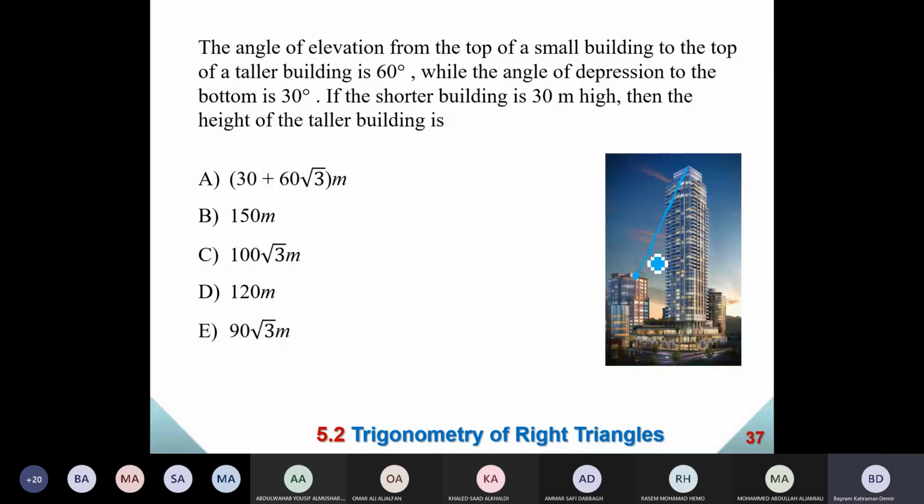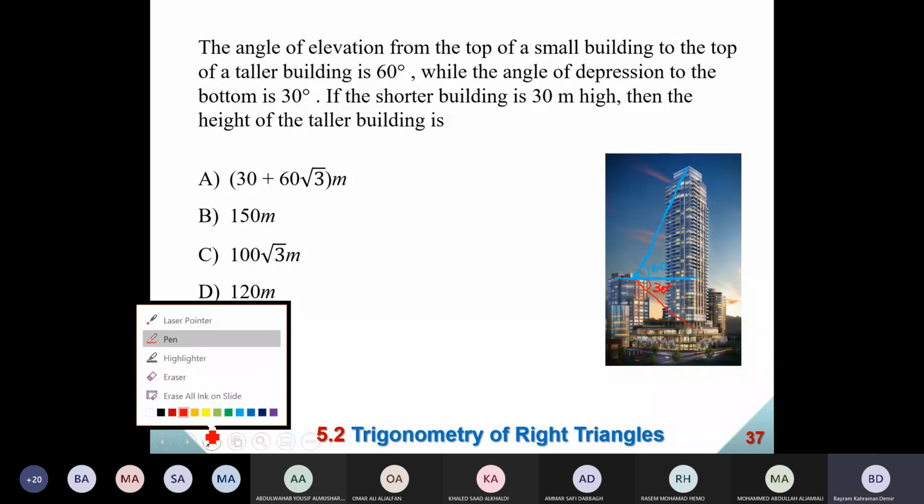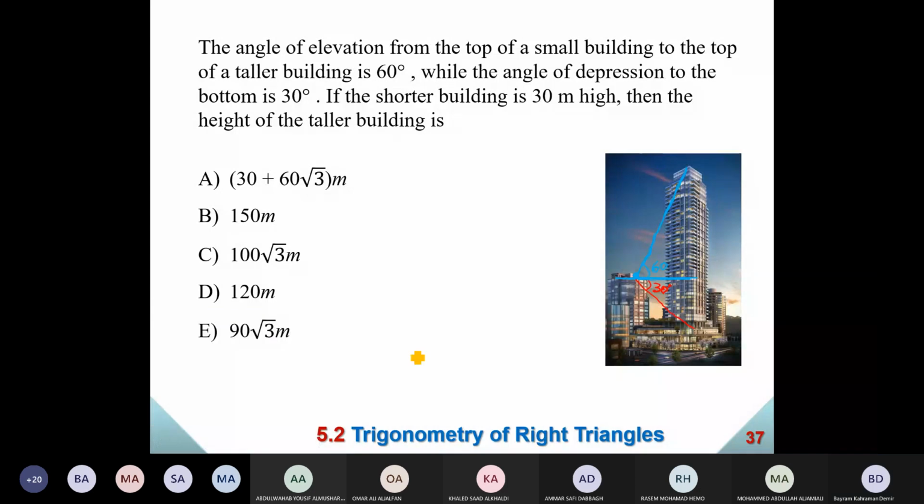So this is the 60 degrees. And there is also the angle of depression to the bottom of the building. Suppose you are looking here, to the bottom of the building, and the angle of depression is 30 degrees. So they ask, what is the height? Let me draw the height with a different color. Height is this. What is the height of the building?